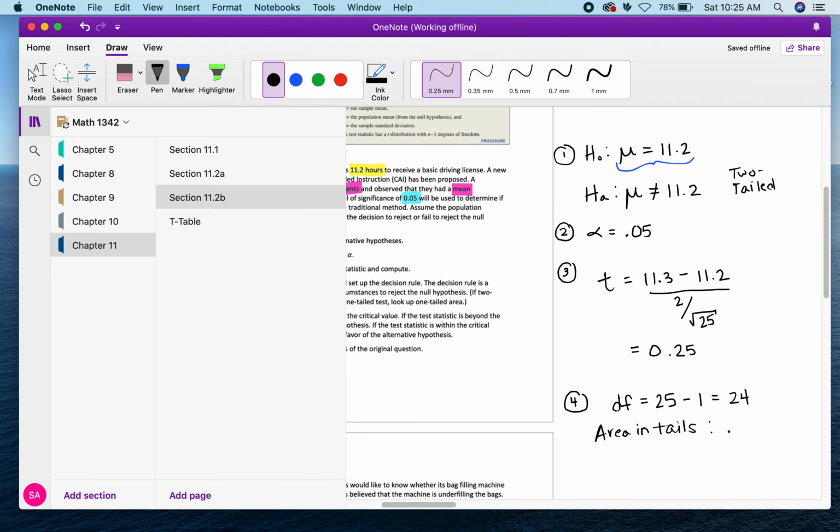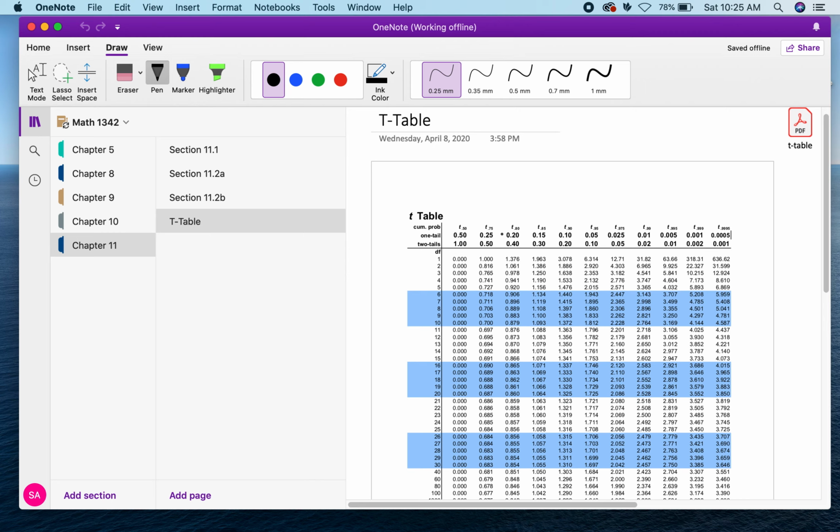And the area we are going to look at is our significance level, 0.05. And again, this is in two tails. So on Hawks, you would click on the two-tail t-table. For our purposes, when I look for the area, I'm going to look in this two-tail row for 0.05, which is right here.